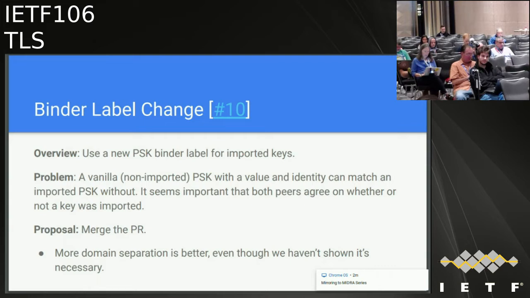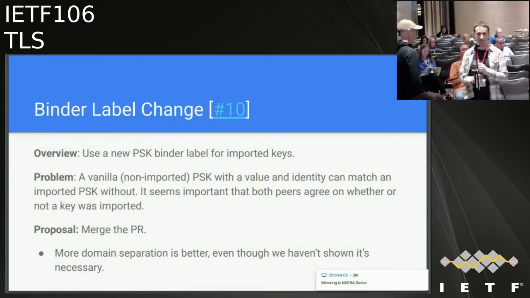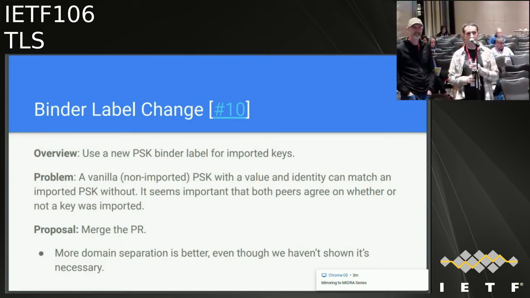The idea is that in some pathological case where the identity that some other application constructs happens to match an imported PSK identity and the PSK is the same, both parties potentially aren't in agreement as to whether or not a key was actually imported. Whether or not that's an issue in practice is less clear. I think this is potentially something that helps formal analysis. It keeps things separate, so maybe that's better. I'm not sure it's needed though.